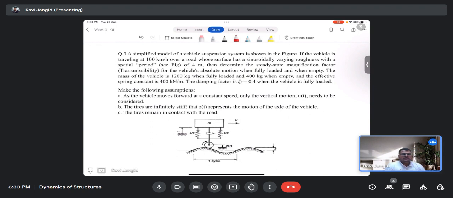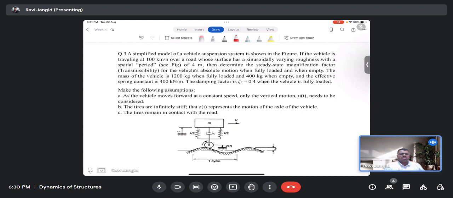The vehicle is traveling at 100 km per hour over a road whose surface is sinusoidal, with varying roughness and a spatial period of 4 meter, like a patch of 4 meter which has some kind of roughness and breakers or patches. So we simplify this as a sinusoidal surface, we idealize this patch.